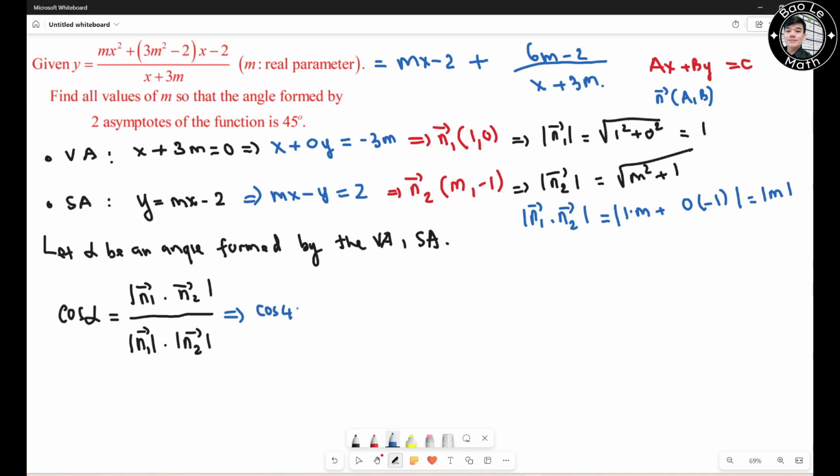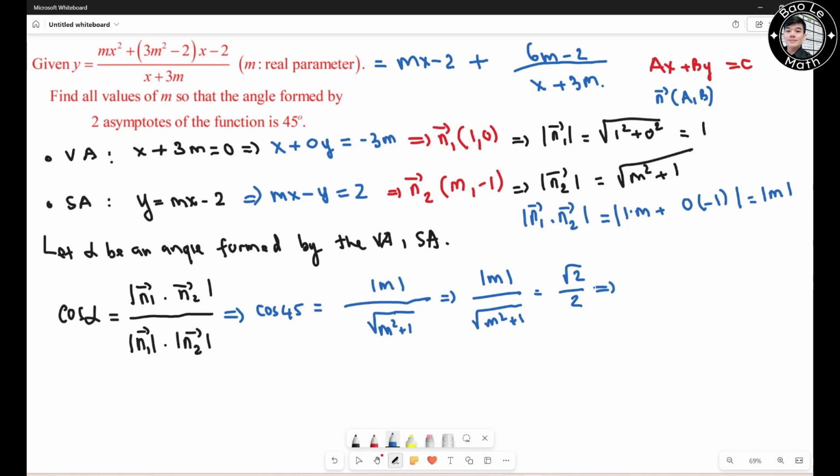Alright, so we substitute over here, so we have cosine 45 equal to the absolute value of m over the magnitude of n1, which is 1, times the magnitude of n2, which is the square root of m squared plus 1. So it turns out to be the absolute value of m over the square root of m squared plus 1 equal to root 2 over 2. Alright, so we square both sides.